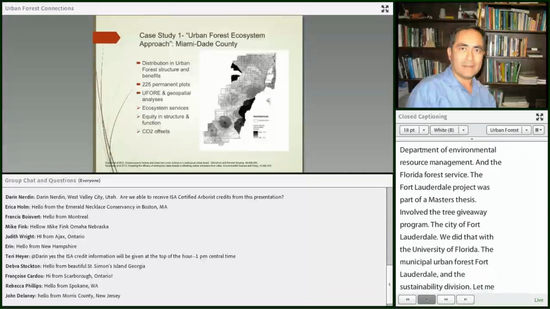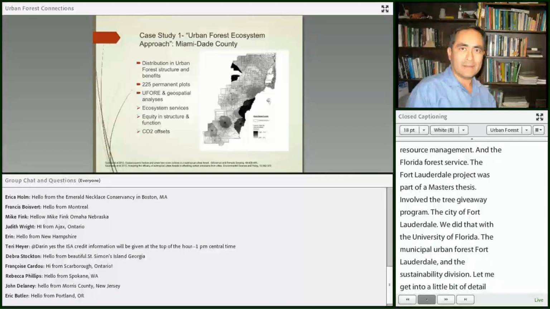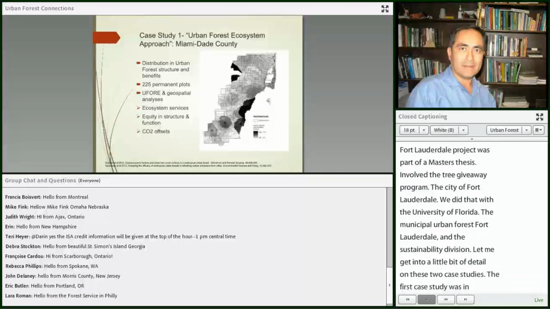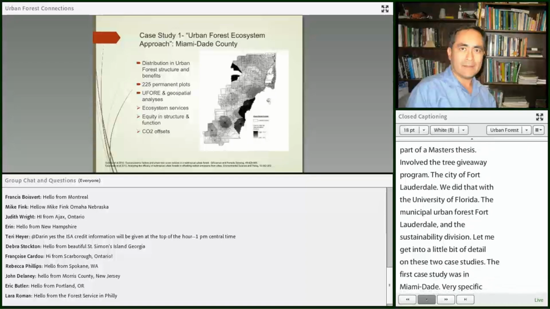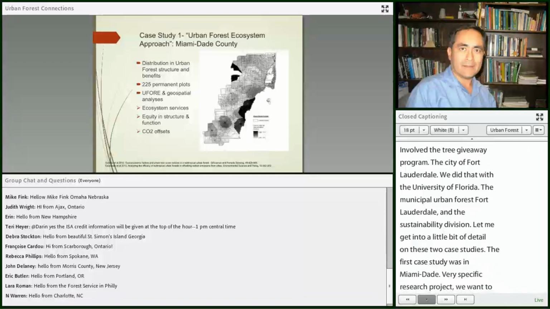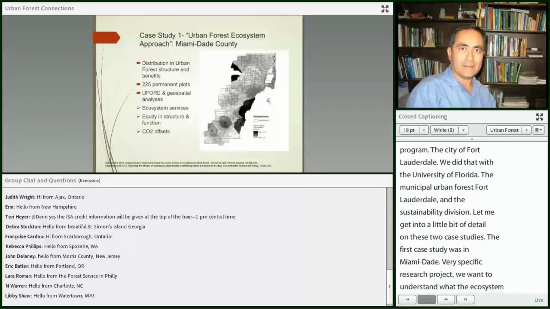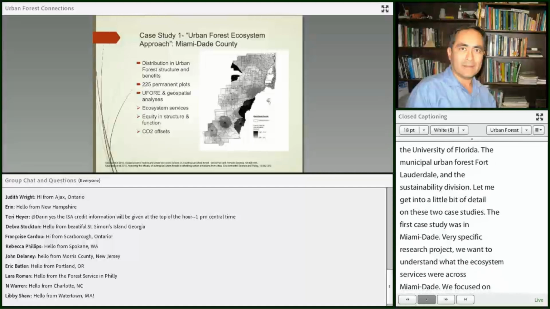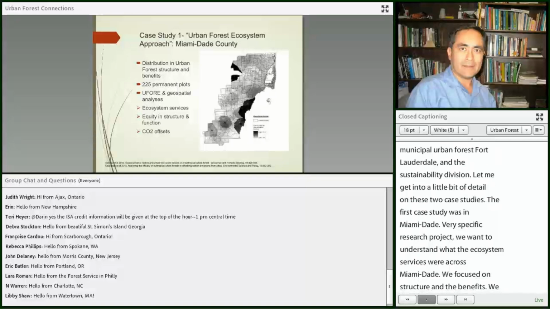So the first case study was in Miami-Dade, a very specific research project where we wanted to understand what the ecosystem services were across Miami-Dade's urban forest, okay? We focused on structure and the benefits, the ecosystem services. So we used the typical approach, right? The plots, the eco plots, back then they were called the U4 plots, sometimes often referred to or using the urban FIA approach.